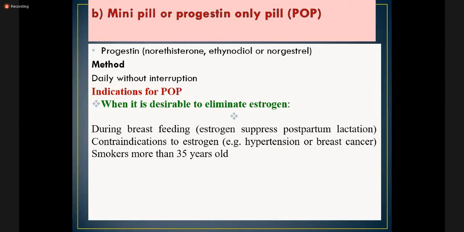When we give the combination in phases, we can decrease or vary the doses of estrogen and progesterone, because in monophasic a constant concentration of estrogen and progesterone is used. In a phase regime, we can vary the doses, so there is no continuous use of progesterone or estrogen. This is the logical answer.